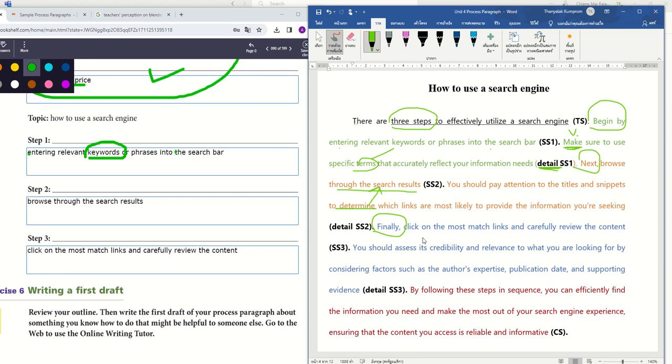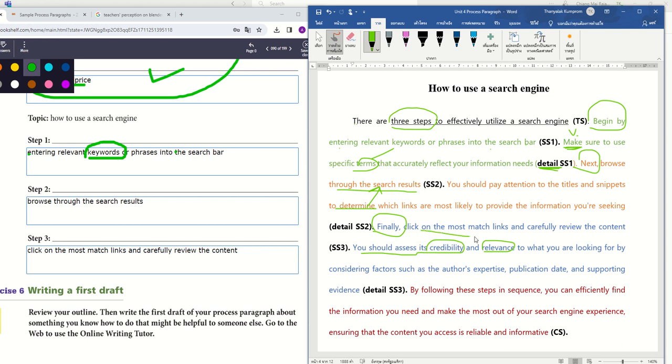And finally, click on the most matched links and carefully review the content. How? You should assess its credibility and relevance. Make sure that it is accurate, in terms of whether it is trustful or not.